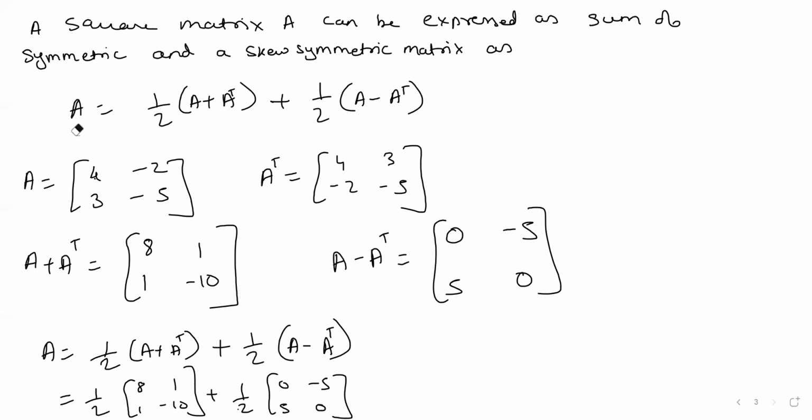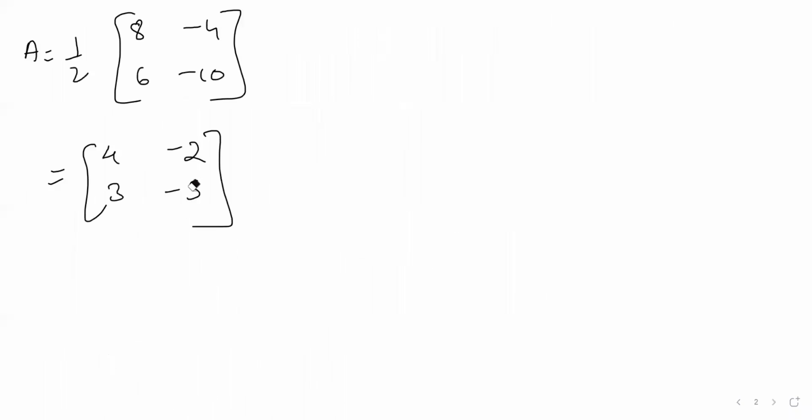See, we used this formula, 1/2 (A plus A transpose) plus 1/2 (A minus A transpose), and after adding, the answer that came is equal to matrix A. So it is proved. However, this formula can only be applied for a square matrix.